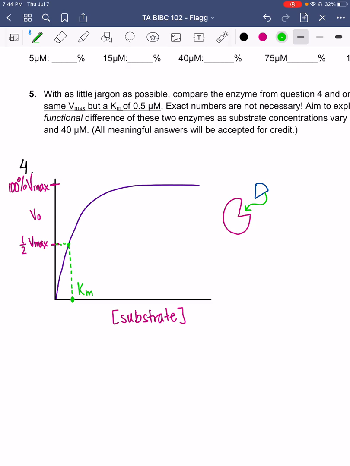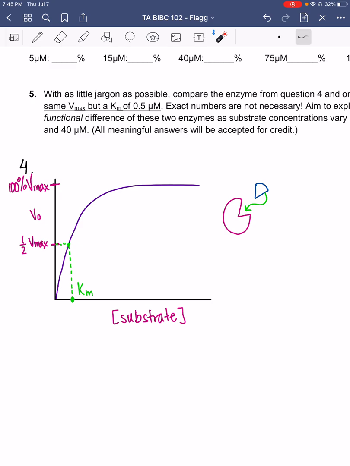Now, the tendency of this enzyme to want to take the substrate and put it in the active site and perform the reaction, the attraction of this enzyme to this substrate, is called affinity. And affinity is shown by the Km value.